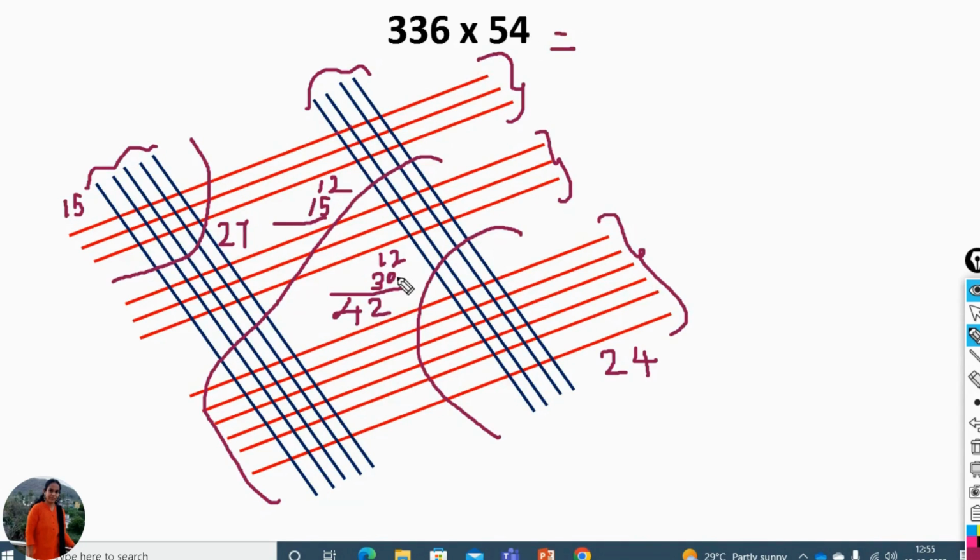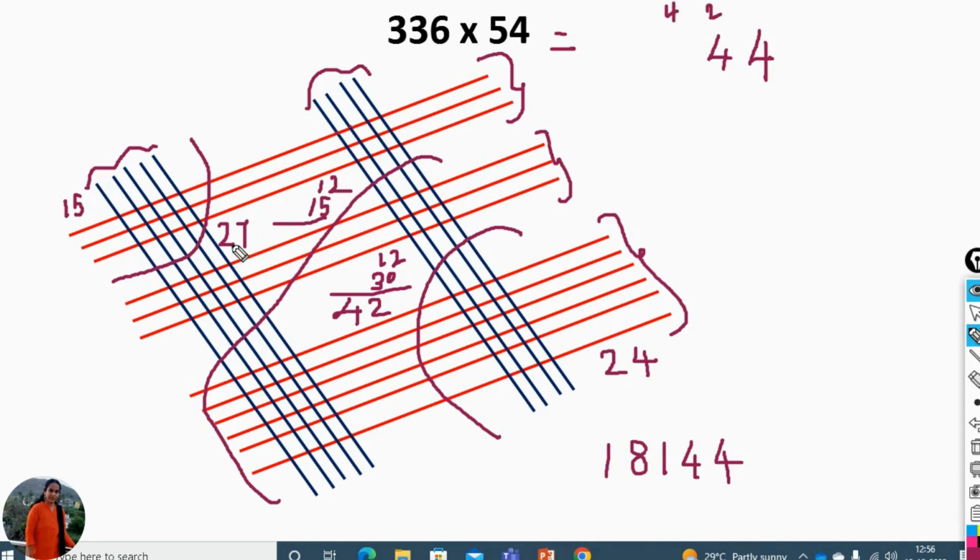So I should get the value as 18144. What is the answer we got for LCM into HCF? The answer is 18144. Let us check here. For ones place it is 24. So I write 4 here. The balance is 2. Next is 42. 42 plus 2 is 44. Balance is 4.